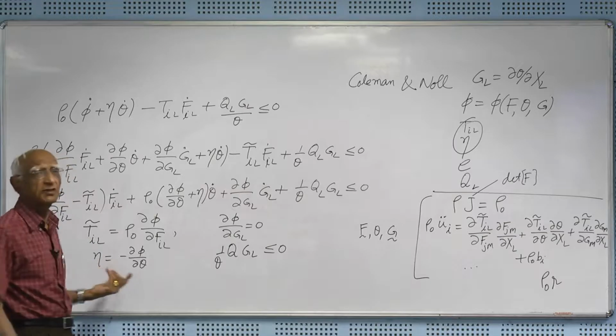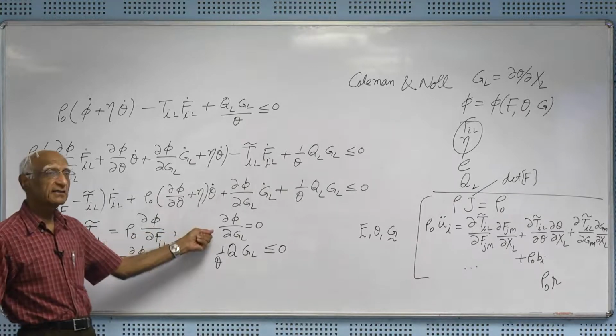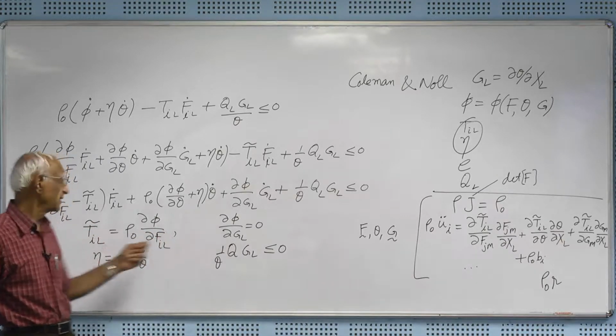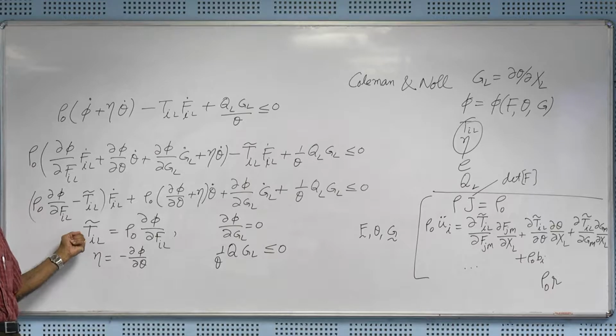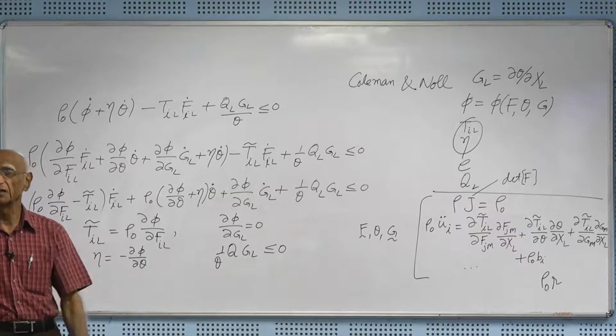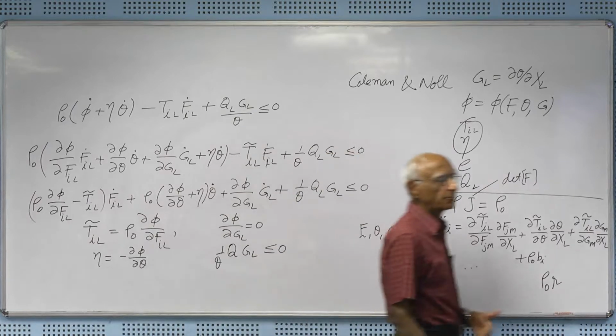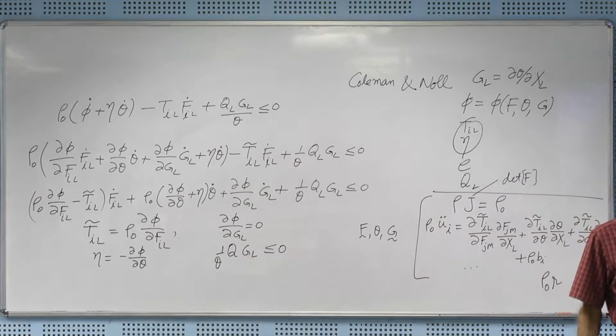And in the mechanical problem, you are not worried about entropy. So once you satisfy this and these, you are done. So the second law of thermodynamics is satisfied. And that's one reason you don't see mentioned anywhere that our solution must satisfy the second law of thermodynamics.